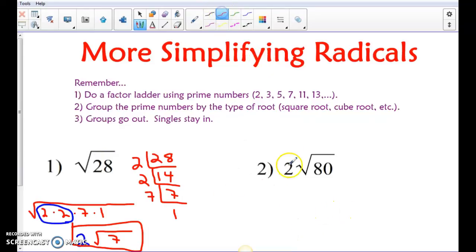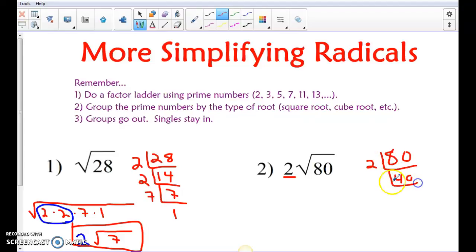So over here, we have a coefficient out front. That's okay. It's actually really similar to the steps we're going to do, but we're going to ignore that number 2 until the very end. So let's start with radical 80, and let's go ahead and do our factor ladder here. I'm going to see if I can divide by 2, and I can. I'm going to get lots of 2's for this one. So 80 divided by 2 is 40.